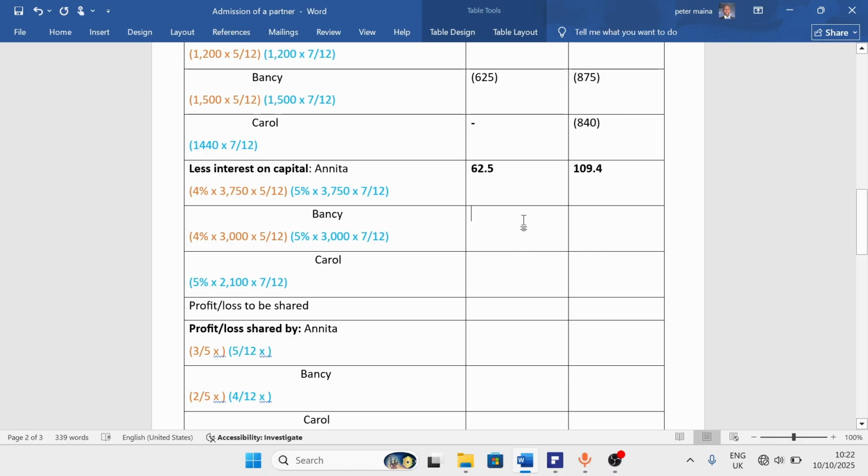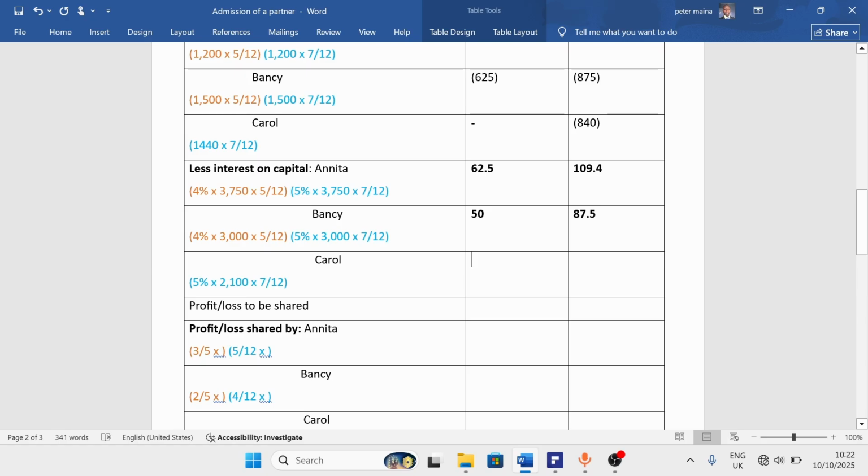So 4% of 3,000, then multiply by 5, divide by 12, gives us 50. And then for the next period, we have 5% times 3,000 times 7 divided by 12 gives us 87.5.